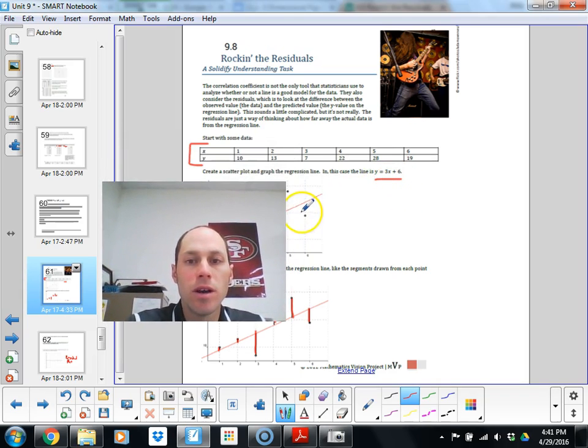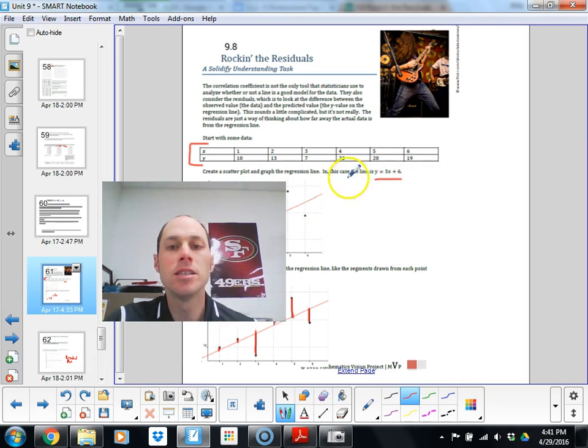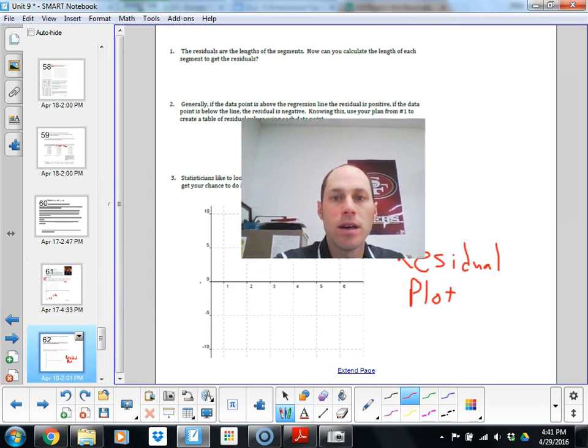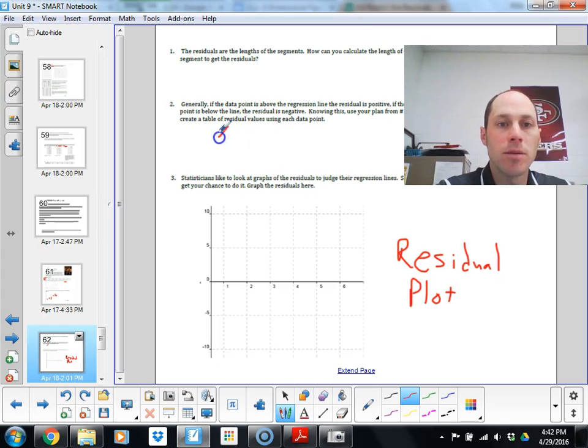Well, I can figure out, what am I supposed to be at 1? Well, if x is 1, 3 times 1 is 3, plus 6 is 9. Excuse me, 9. So my y value should be 9. I had 10, so I was 1 higher. So actually my residual, I can make a table here. My residual is 1 higher when x is 1.